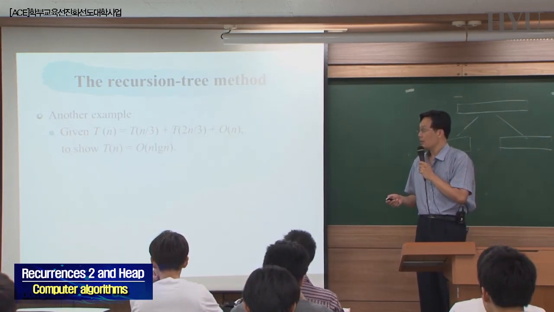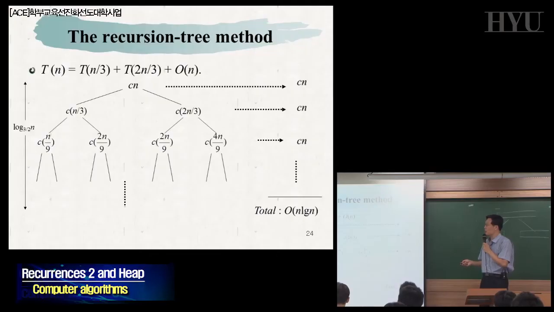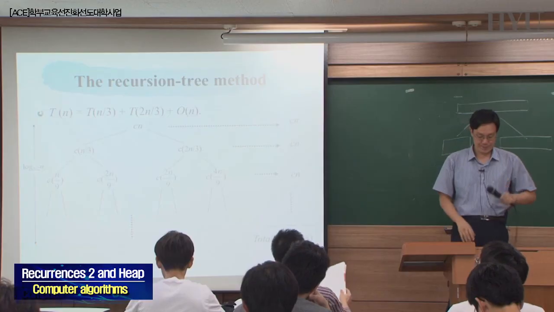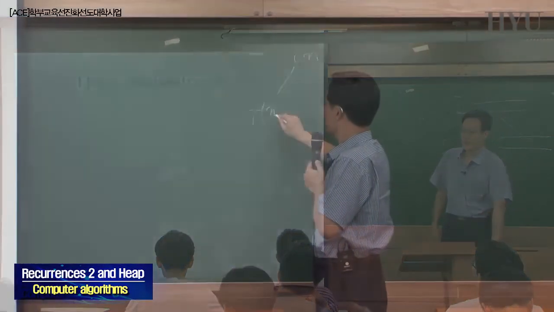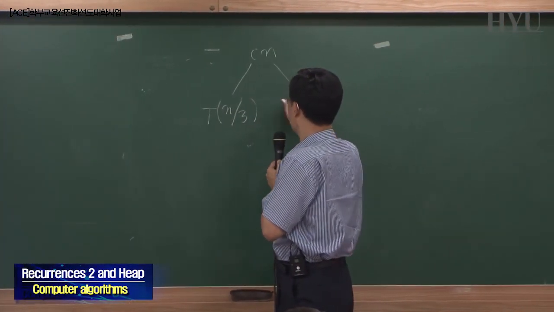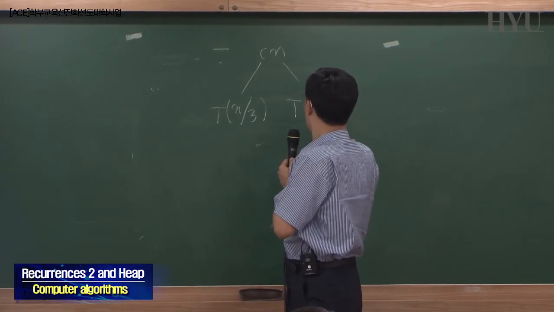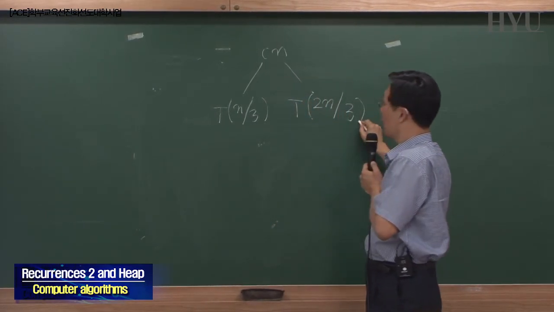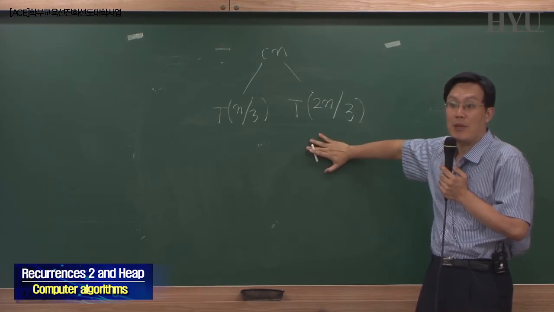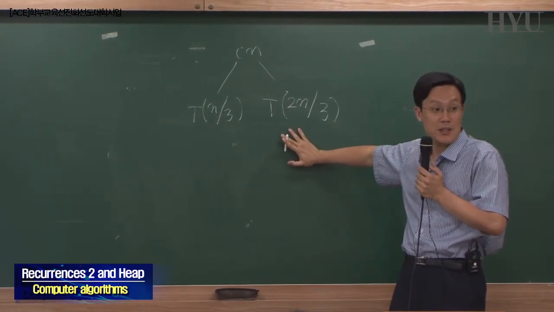First, let's guess it by using a recursion tree example. Okay, look at this page a couple of minutes and try to understand what it is. First, T(n) can be represented like this.